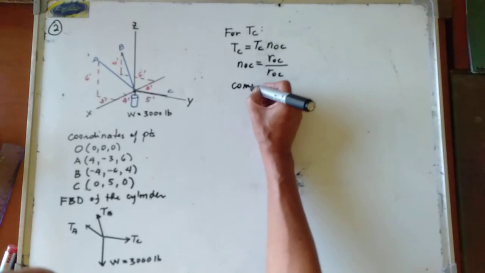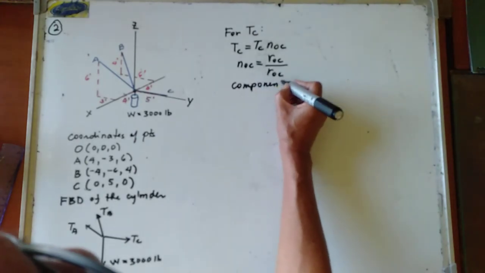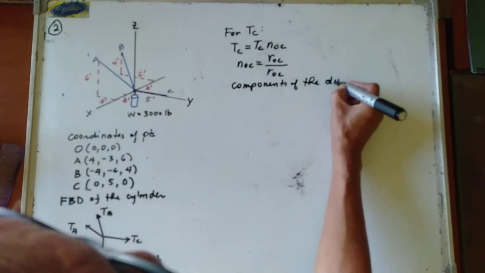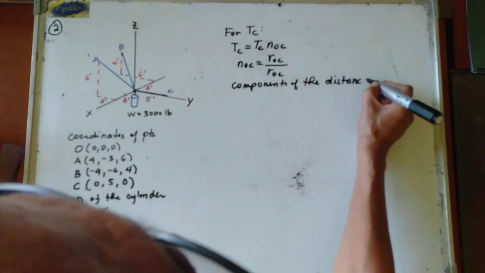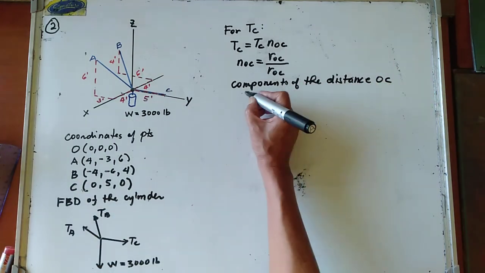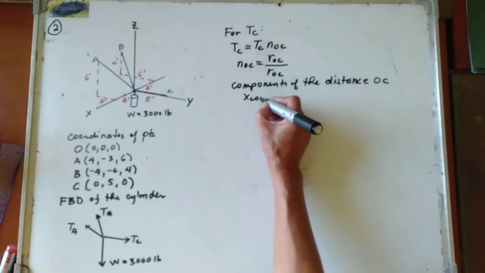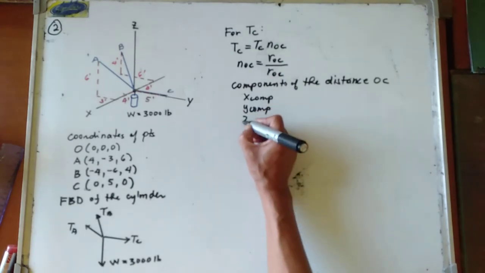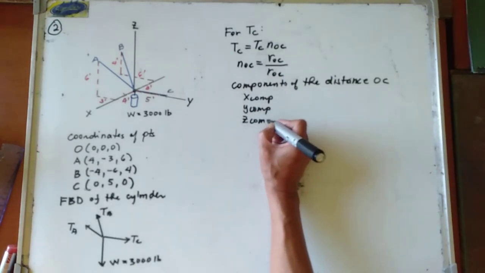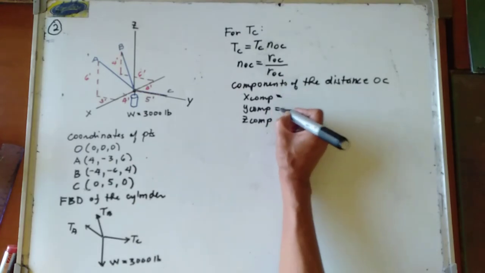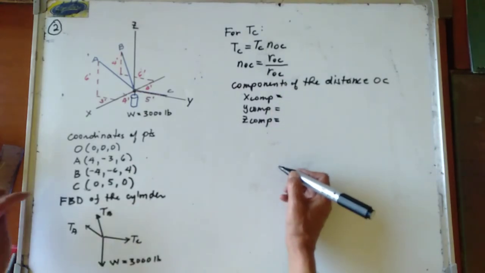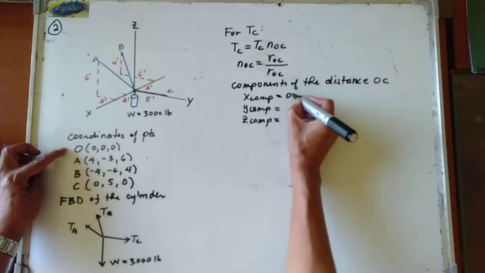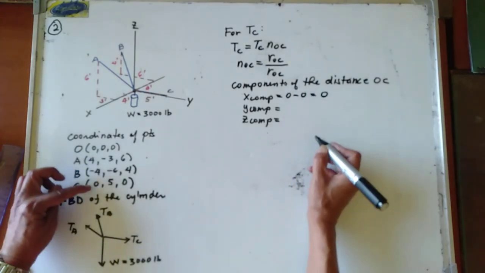So we have the components of the distance OC: your X, your Y, and your Z. That is from O to point C, so C minus O. So that one is 0.